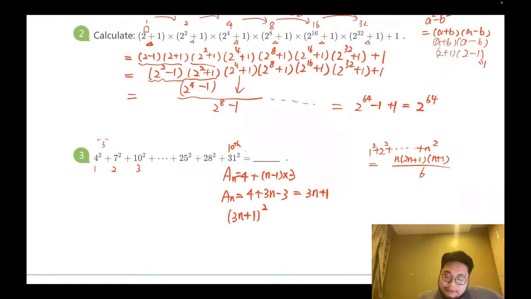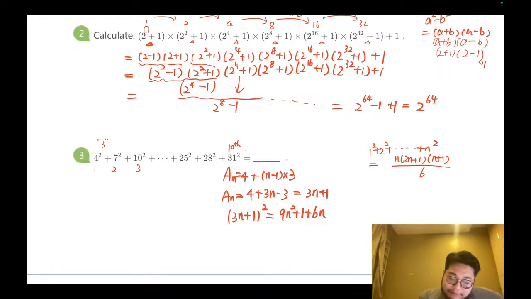So in this form, I need to open the bracket. It becomes 9n squared plus 1 plus 6n. So each number I can just write down in this form. So actually I'm calculating that.